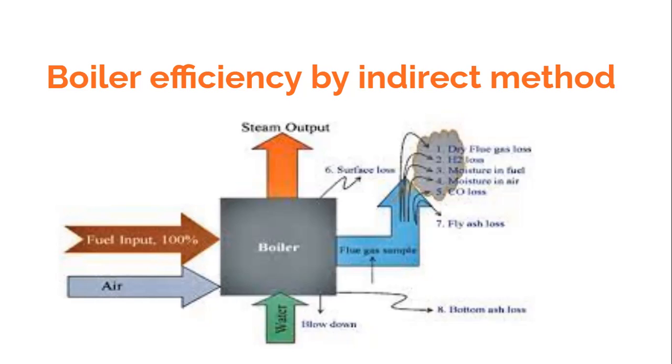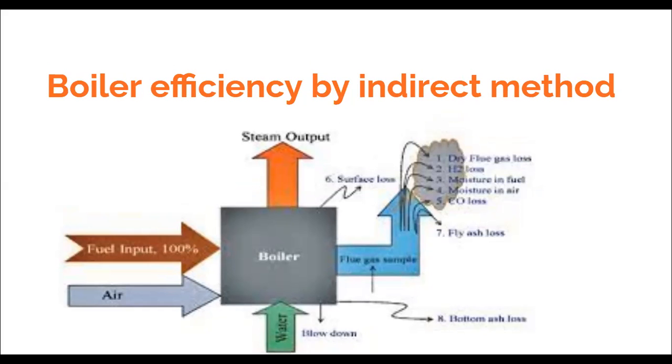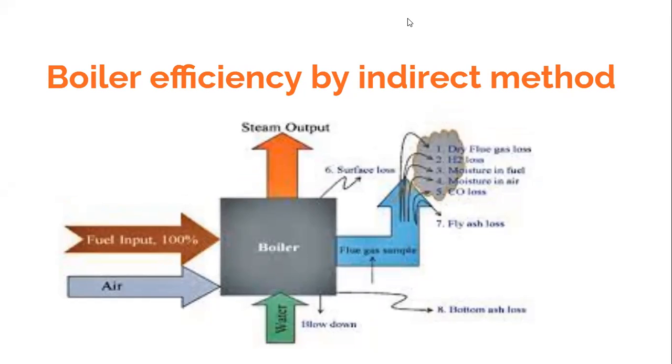So to avoid these disadvantages, generally when we are talking about high capacity boilers in the industry, it is advisable to do the second method which we are going to discuss today, known as the indirect method. Okay. So what is this indirect method?